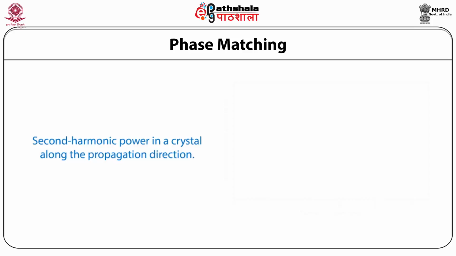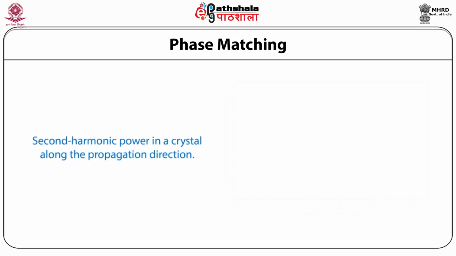The effect on the second harmonic power conversion in a crystal along the propagation direction is demonstrated in the figure. Here, the solid curve is observed during phase matching, which indicates growth of power proportional to the square of the propagation distance.